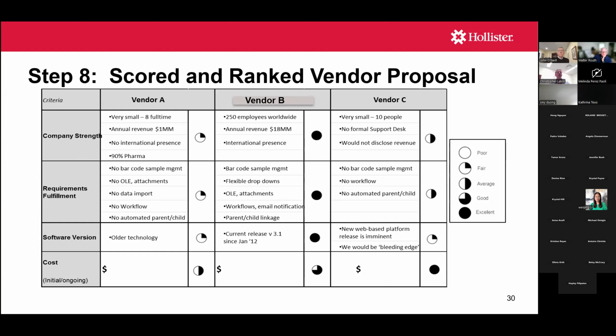I'll skip over the requirements fulfillment, but we had software version, so how often they had upgrades, how current their existing software was. And again, cost is always a consideration because you have to stay within your budget. So we ranked all 3 of these vendors, and it turns out that vendor B was the one we chose to move forward with.